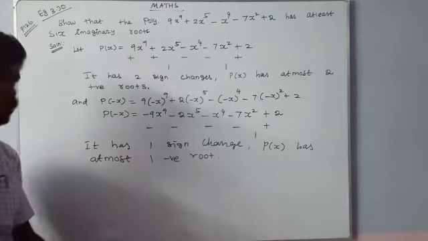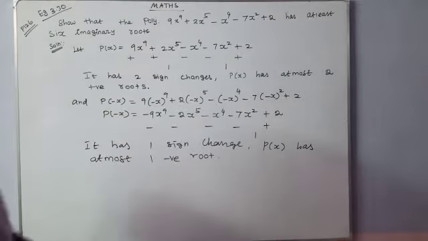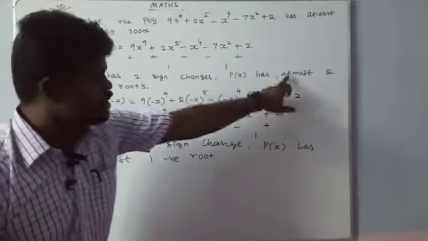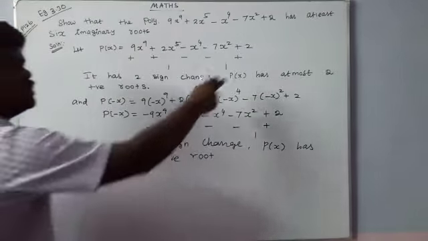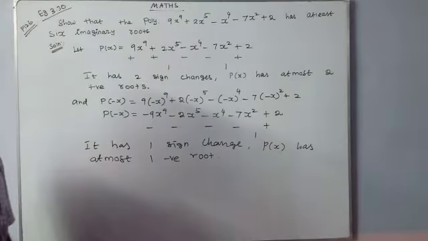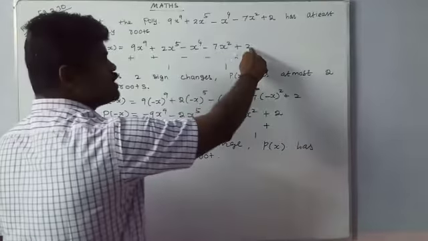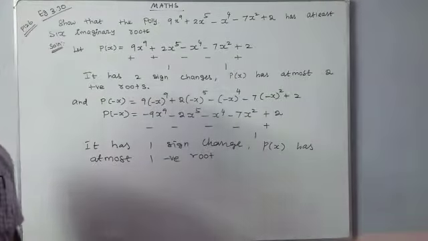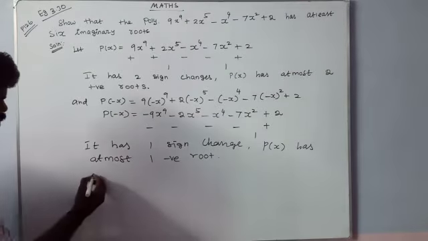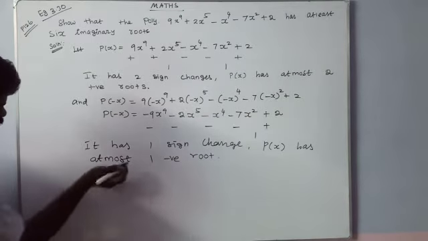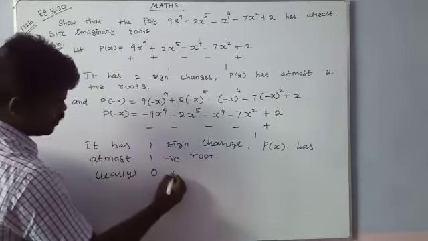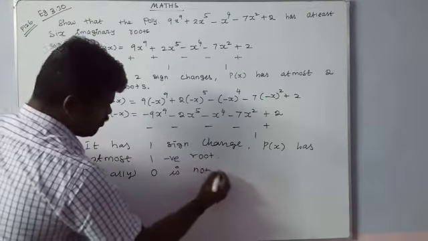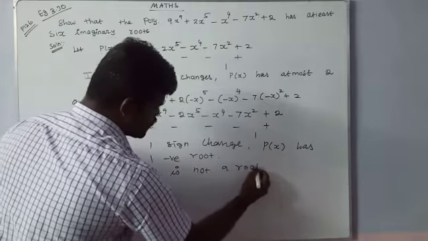Okay, there are two positive roots and one negative root, and we want to know whether 0 is a root or not. 0 is not a root because there is a constant term in the polynomial. So clearly 0 is not a root.